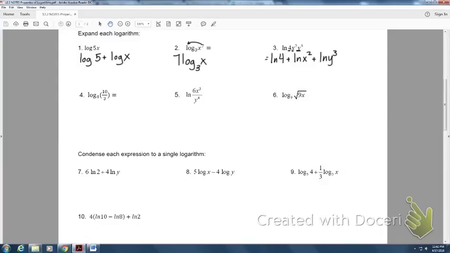And then now, within each log, if it has an exponent, which these two do, I can move those to the front of the log that they're on. So natural log 4 plus 2 natural log x plus 3 natural log y. And then that would be my answer. That is as expanded as that can get.